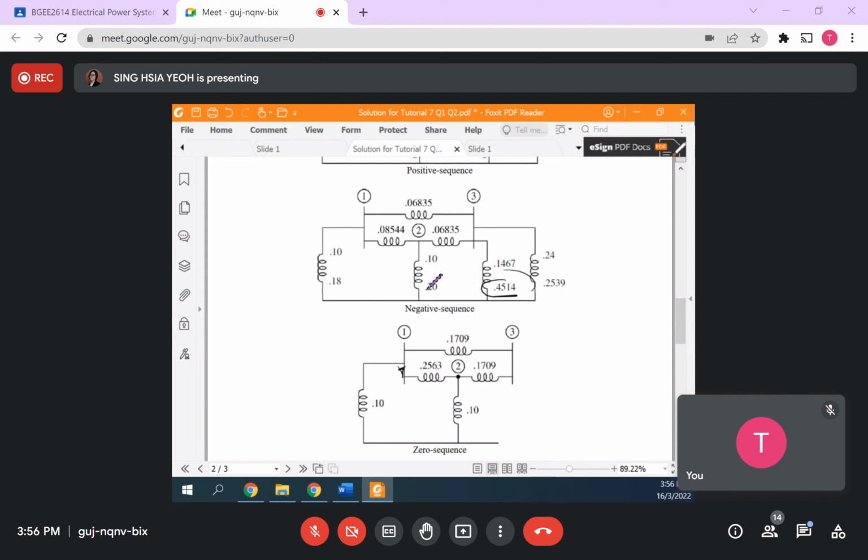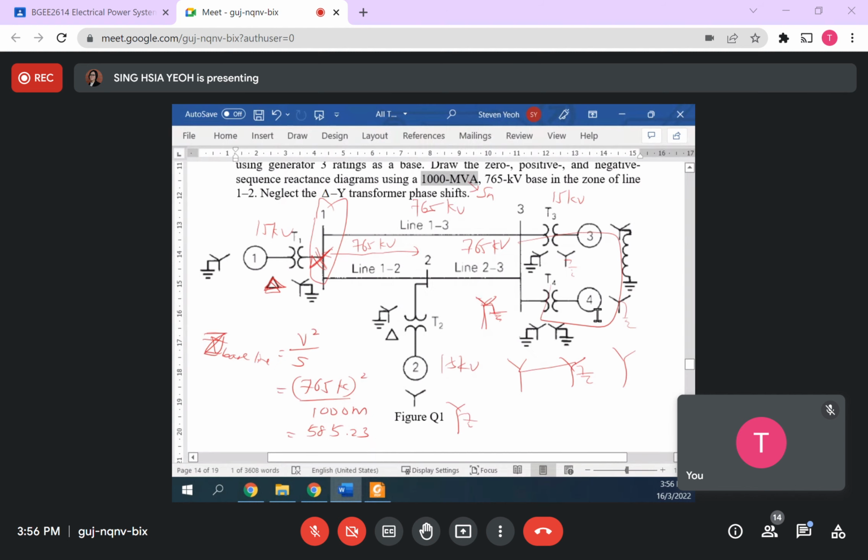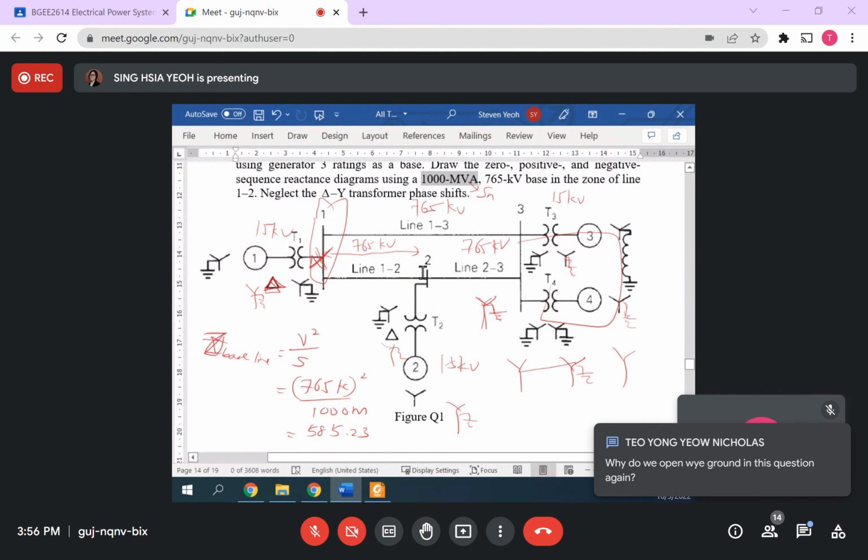So if Y ground, it is exactly like the negative sequence, meaning nothing is open or neglected. You just follow the diagram. If it is Y grounded here, you follow the diagram. Understand? Follow the diagram.